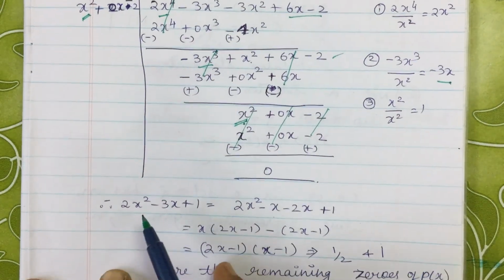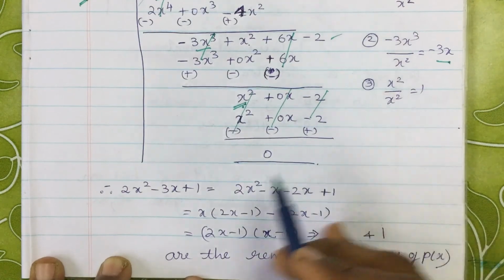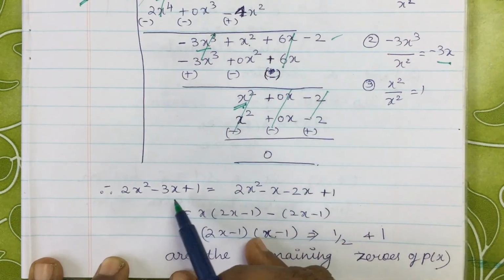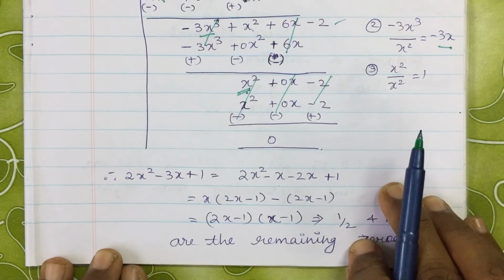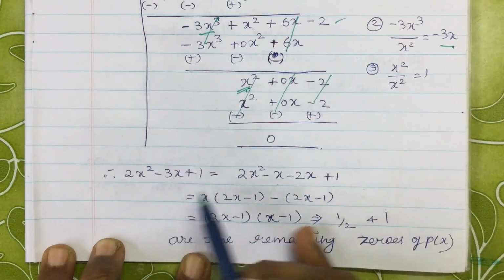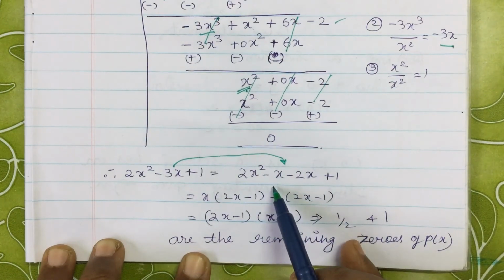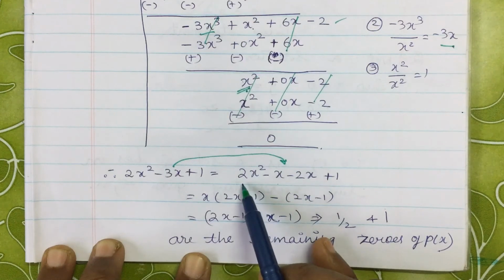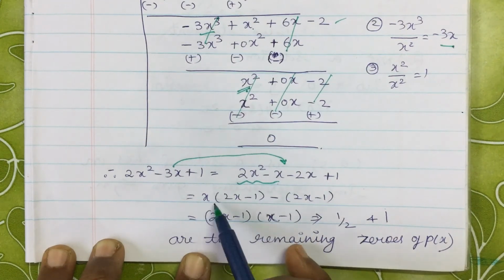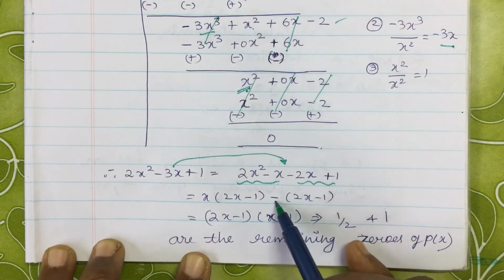The quotient I have written here, that is 2x square minus 3x plus 1. So I have done the factorization. Since you have studied factorization in your lower classes, I am not explaining it in detail. I have split minus 3x into minus x minus 2x. After this step I am taking x common from the first two terms, and from the other two terms I have taken minus out.